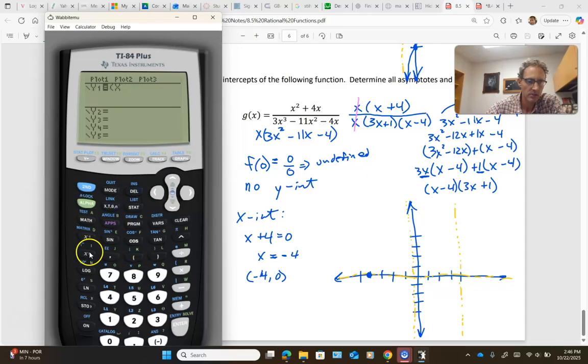So x squared plus 4x, close those parentheses, and we'll divide this, and then open the parentheses, and then plug in the rest of your function.